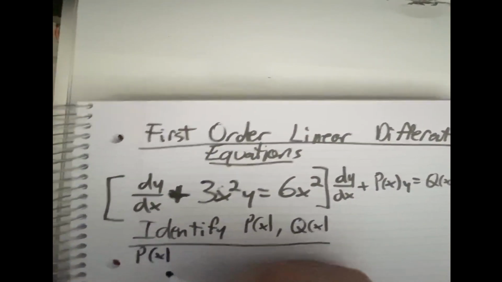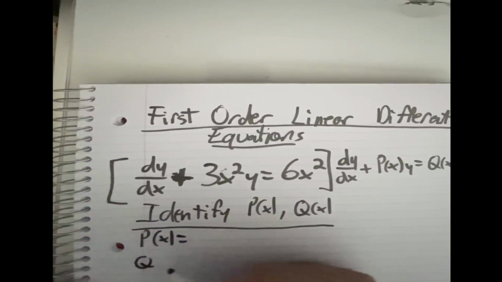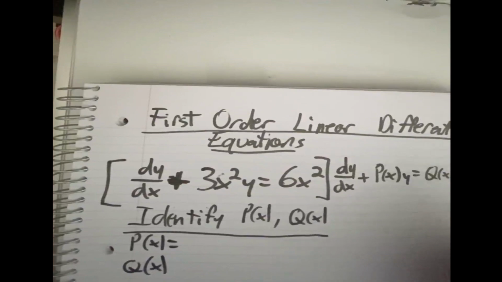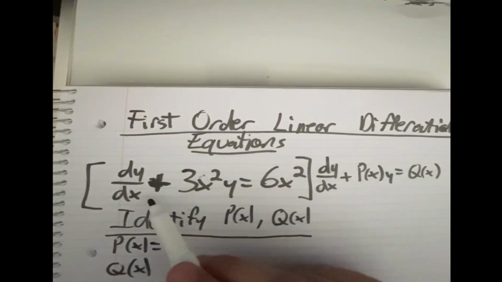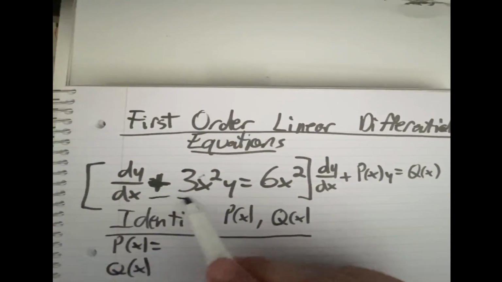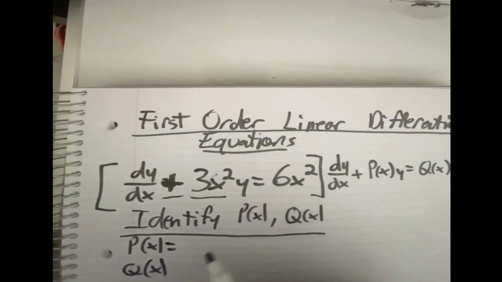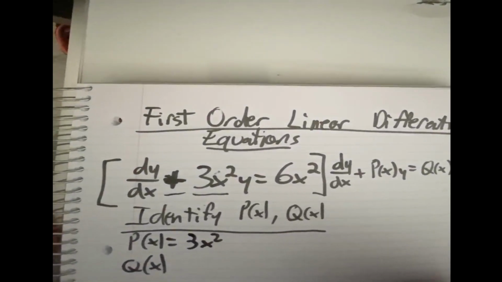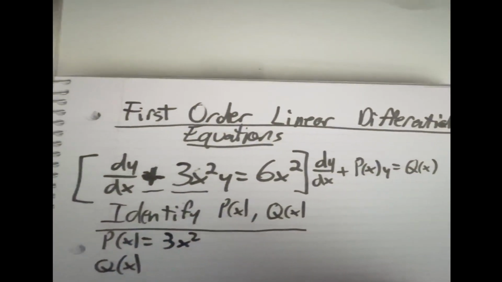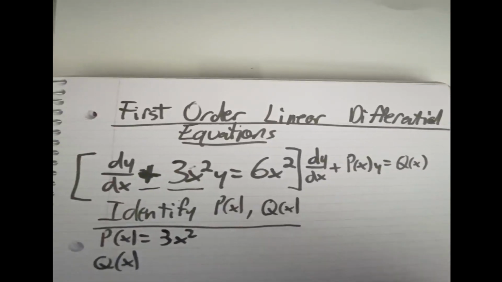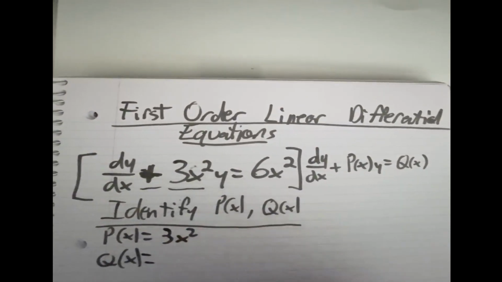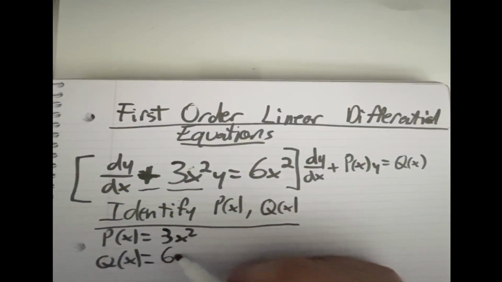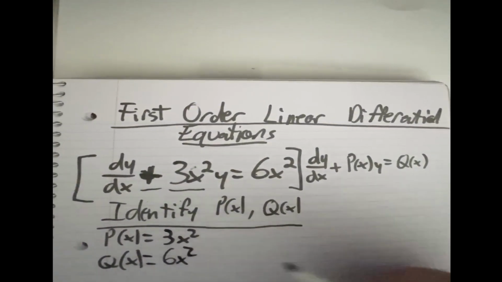Our p of x will be strictly whatever is in front of our y term, the sign as well as the coefficient. So our p of x would be positive 3x squared, but not the y term. Note, this is not p of x times y, this is just p of x. And our q of x will be 6x squared. And we know this by just following the equation.